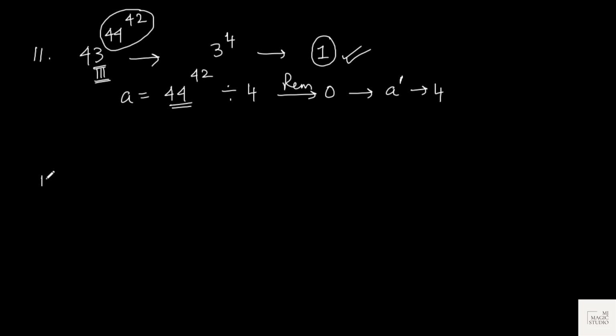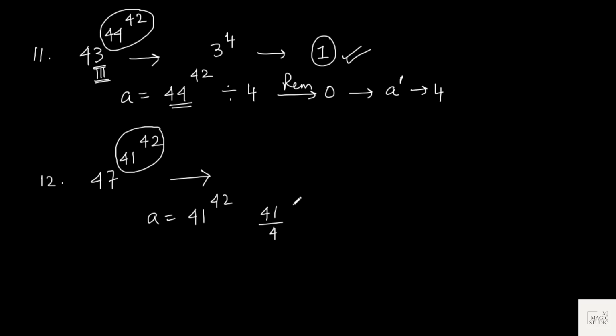Let's take up one more example to make it more clear. Find the last digit of 47 to the power 41 to the power 42. Give it a try. Okay, again 41 to the power 42 is our A. What is the remainder when 41 is divided by 4?